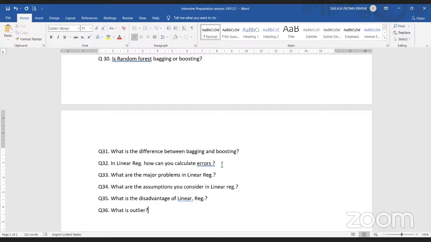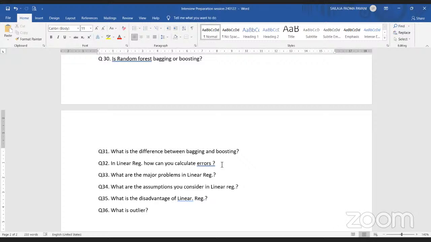Outliers means, in any data set, if you consider we have some observations like 1, 2, 3, 4, 5, 3, 2, 1, 4, 5, ten observations, and all of a sudden you got some 50. That 50 value becomes an outlier.